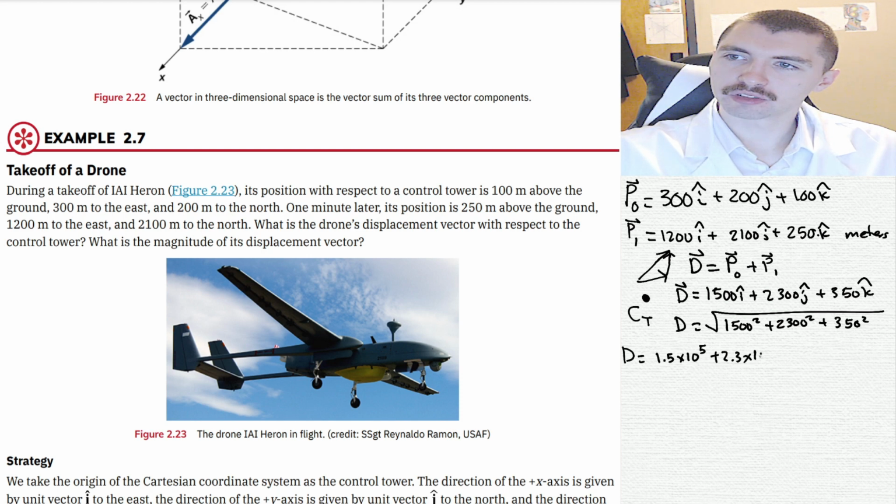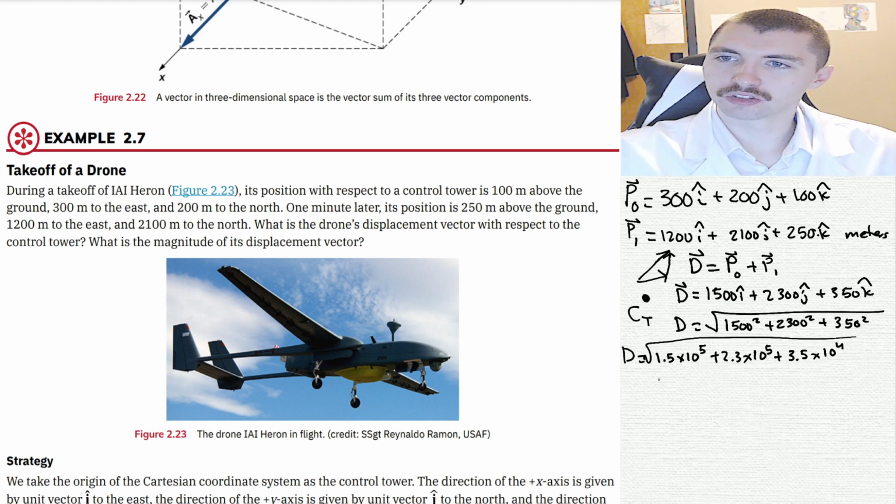Plus 2.3 times 10 to the 5, plus 3.5 times 10 to the 4, and this is all to the square root.